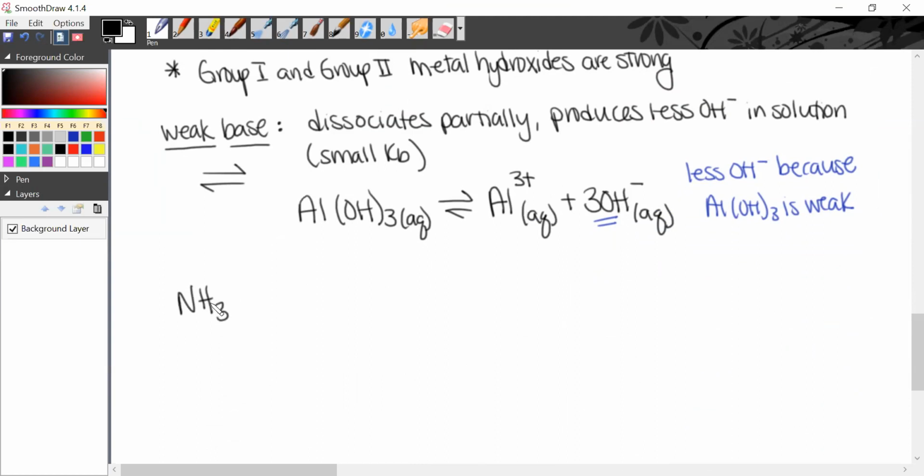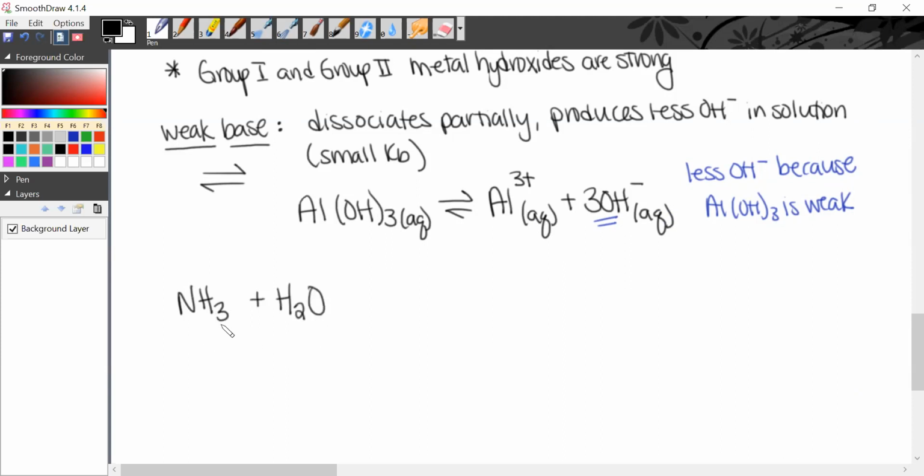You can take that shortcut and leave the water out for acids, strong or weak. And you definitely don't need the water for the strong bases or the hydroxide bases, any of the hydroxide bases. But for these other weak bases that are not metal hydroxides, you have to include water in the reaction.